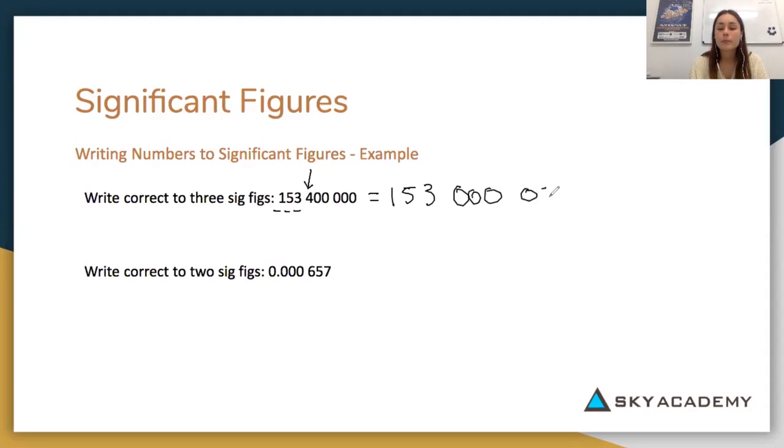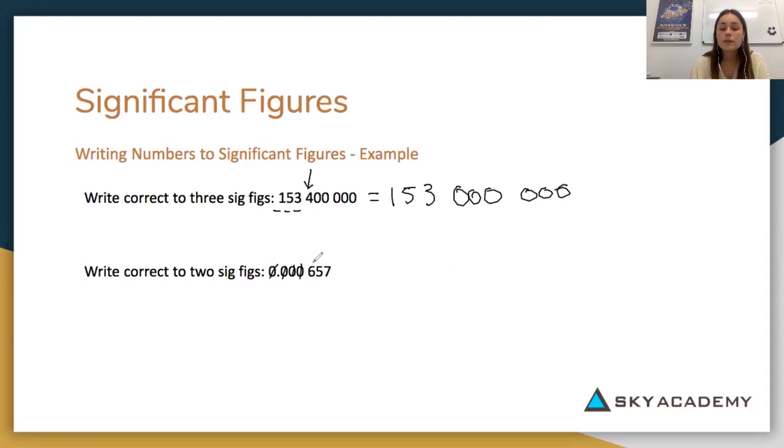The next question, write correct to 2 significant figures. So remember, we do not count any zeros before numbers. So we do not count those zeros. And so the first 2 significant figures would be 6 and 5.